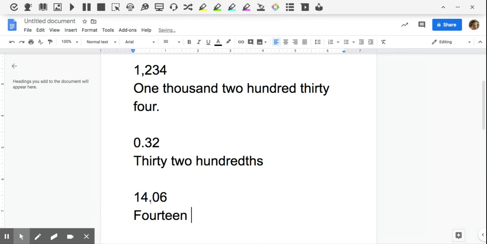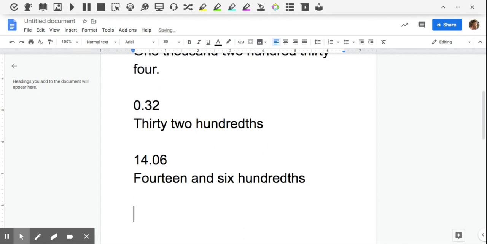Now we come to the decimal. We don't say decimal. We're just going to replace it with the word and. It's really important that you don't skip this part. So 14 and, well, we have a 6 and it's in the hundredths place, so we're just going to write it as hundredths.